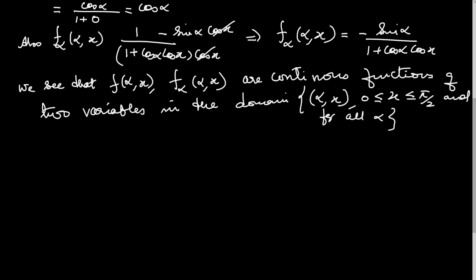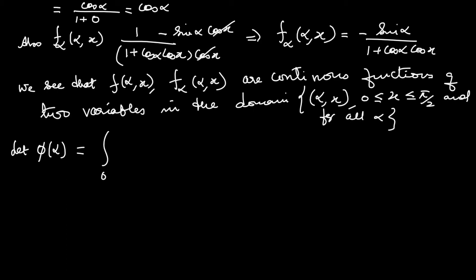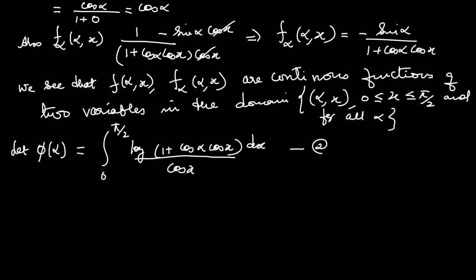Let phi of alpha equal to the integral from 0 to pi by 2 of log of (1 plus cos alpha cos x) dx, whole thing divided by cos x. Name this as equation 2. If I take phi alpha to be this integral, then what is phi prime of alpha? Note down that f alpha x and f suffix alpha of alpha x are continuous functions, therefore differentiation under the integral sign is valid.